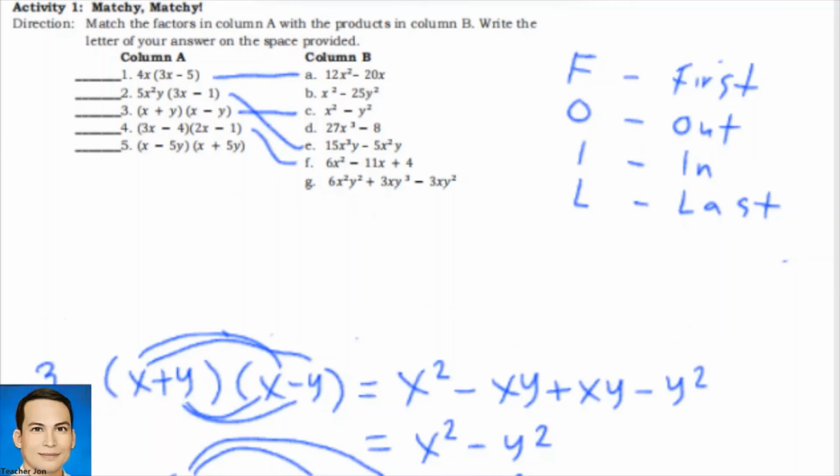Now proceeding to number 5. We have cleared number 1 and number 2 to give space for number 5. Number 5 is again another binomial to binomial. So let's write it here. x minus 5y multiplied to another binomial x plus 5y.